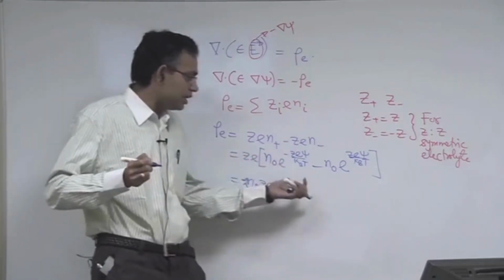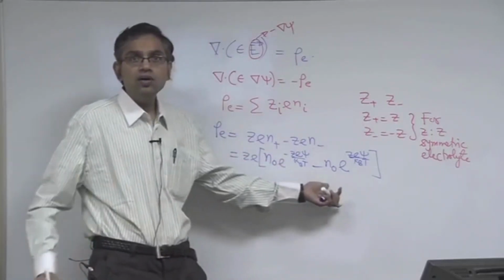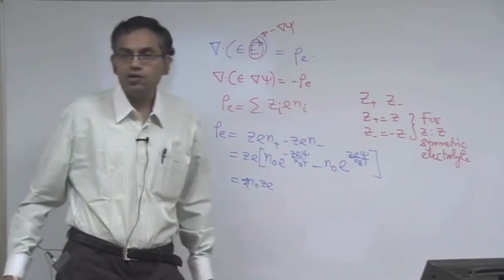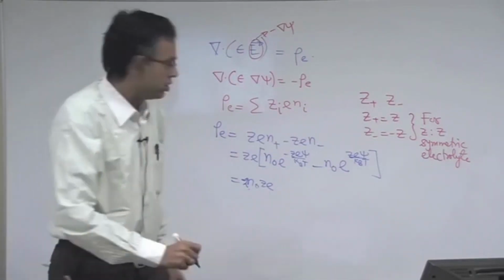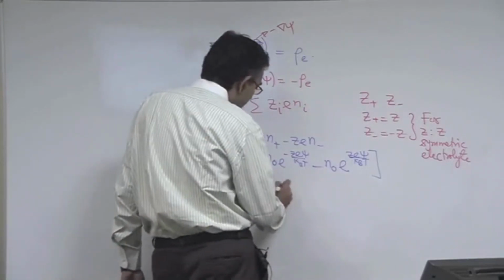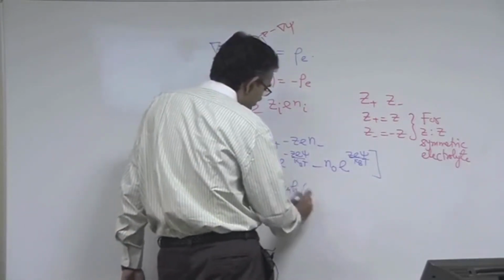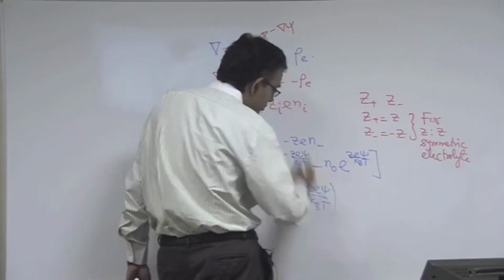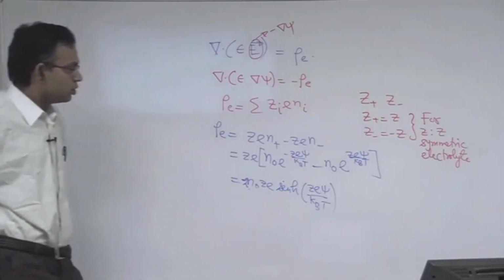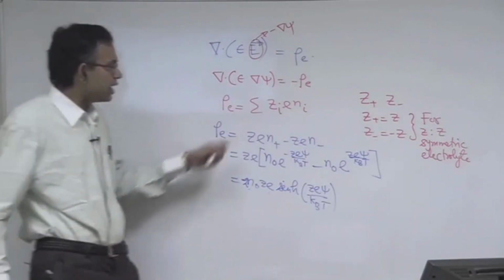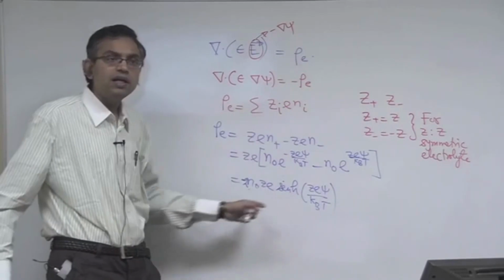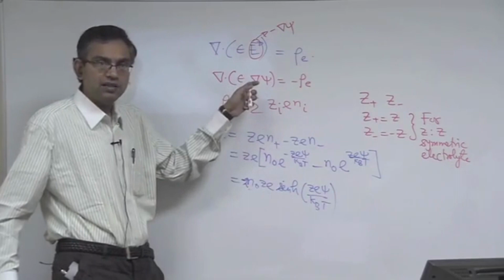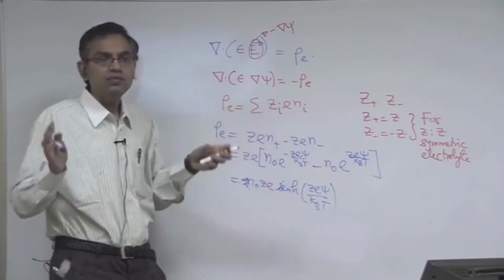So this will become sinh of Z E psi by kBT. So we have been able to express the right hand side solely in terms of psi and the left hand side is also in terms of psi. So you have a governing equation for psi.